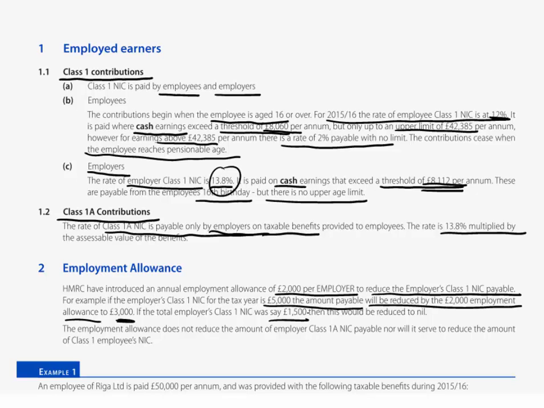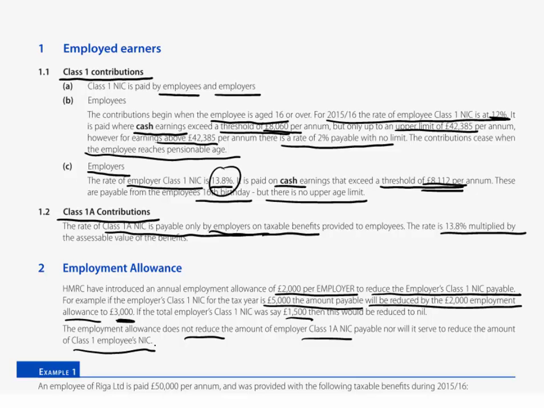Now, that employment allowance does not reduce any other NI. So where you've just had £1,500 worth of Class 1 payable by the employer, it is reduced to nil. You can't then take the balance of that £2,000 employment allowance and set it off against any other NI liability. That's it. So, it does not reduce employer's Class 1A, nor would it reduce Class 1 employees' NIC.